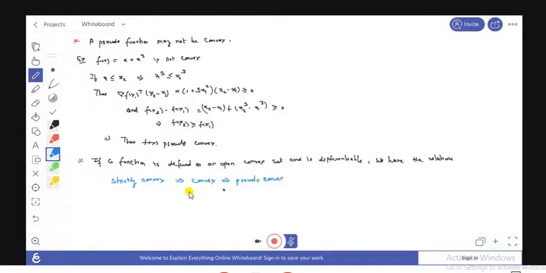Okay, but it is not necessary that a pseudo convex function is a convex function. The converse is not true.